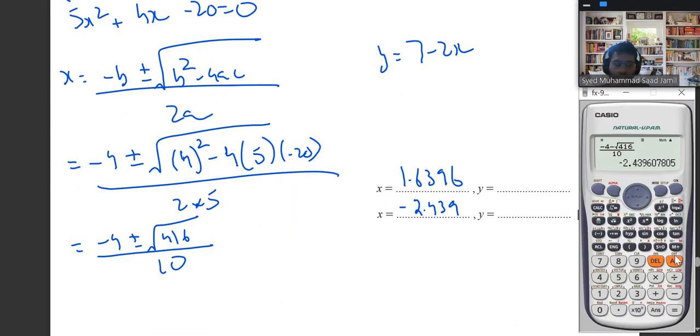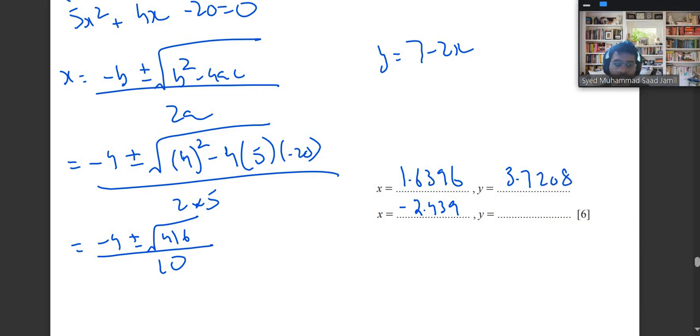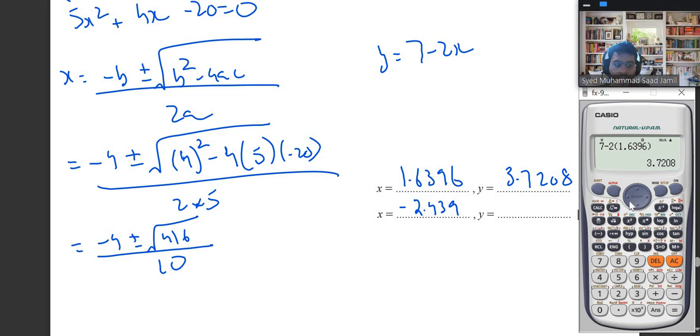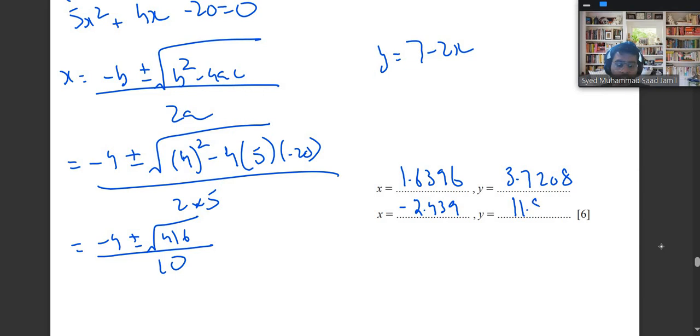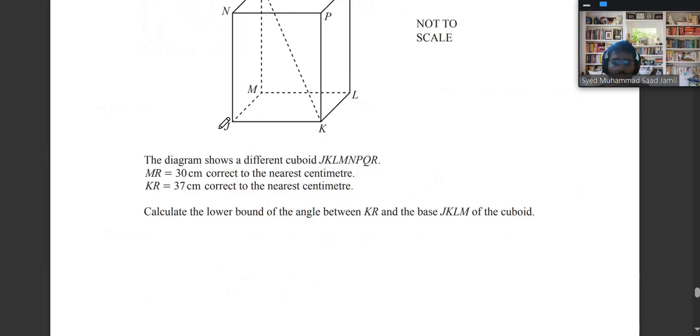Both will give you the same answer. 7 minus 2 multiplied by 1.6396 gives 3.7208, and the other one, now I will plug in the negative value, negative 2.439, is going to be 11.878.